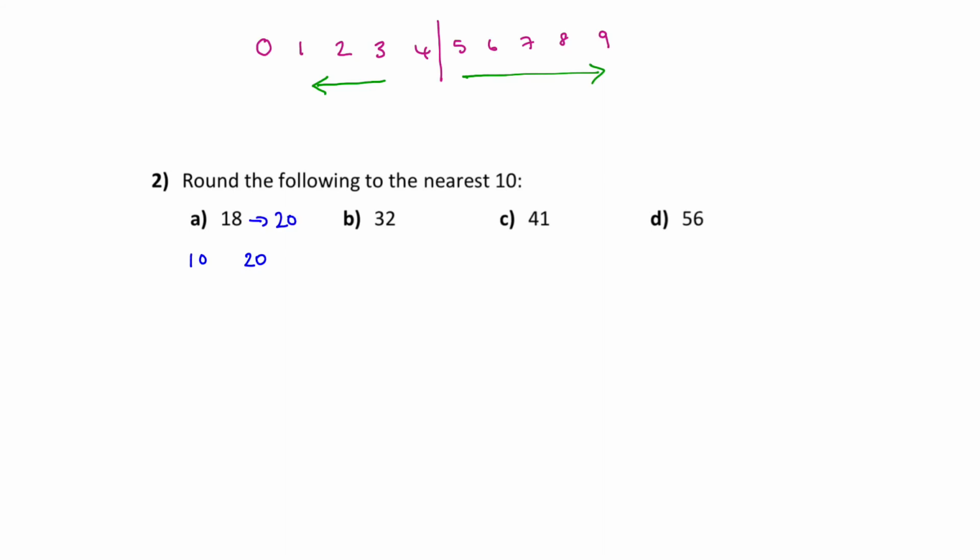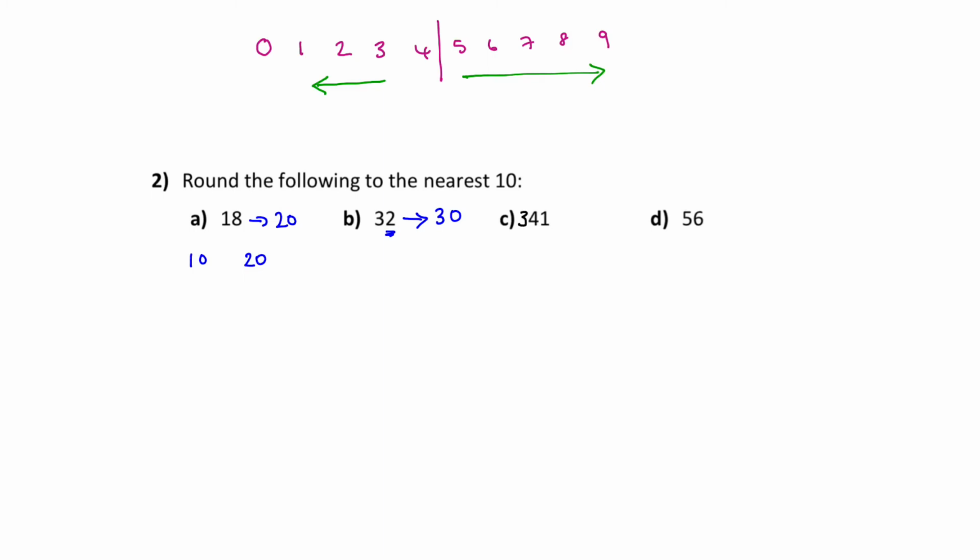Okay. 32 is in between 30 and 40. So the 2 tells us that we're in this side, so we're rounding down, so we're going to 30, not 40. I'm going to change this number now to 341.